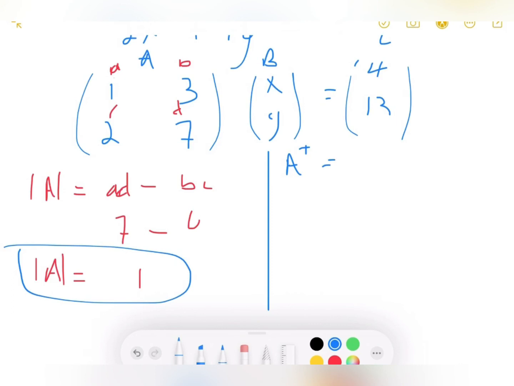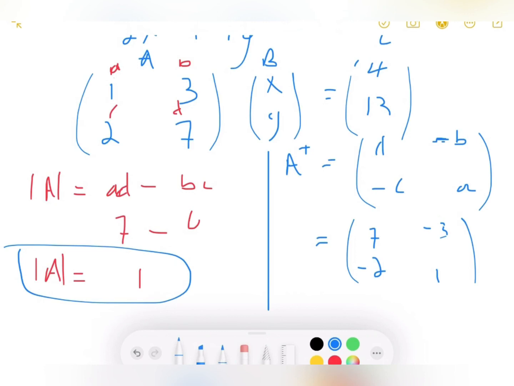What we do with the matrix is we switch A and D and negate B and C. So we will put D here and A here, and we will negate B and negate C. So let us do that for our matrix A. This would be equal to 7 in the D space and 1 here. Then we will negate the 2 and negate the 3. And that is simply how we get our A transpose.